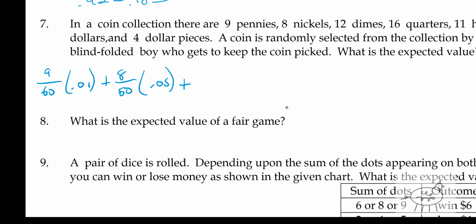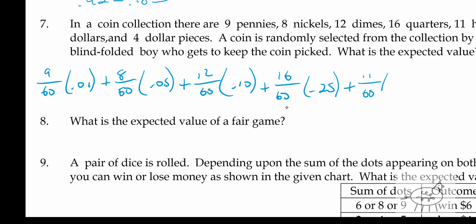And there's 12 out of 60 for a dime, and there's 16 out of 60 for a quarter, and there's 11 out of 60 for a 50-cent piece, and there's 4 out of 60 for a buck. Multiply it all out, you get 0.25.